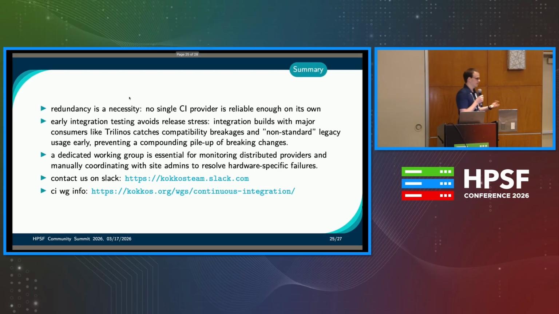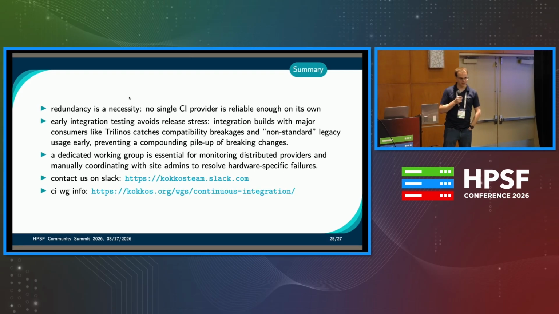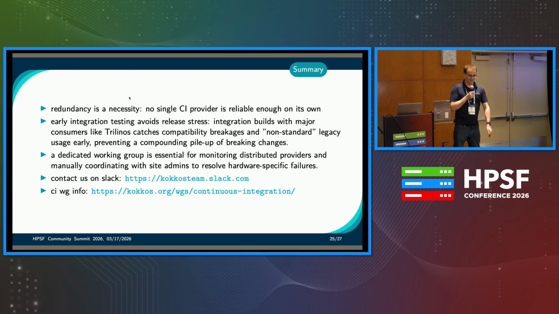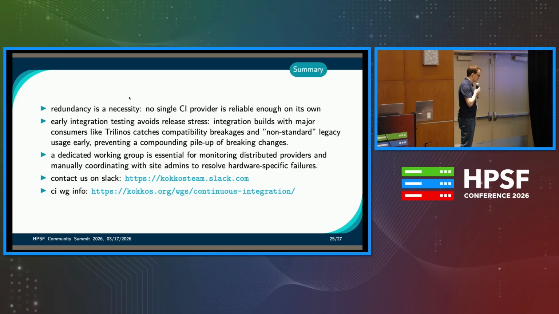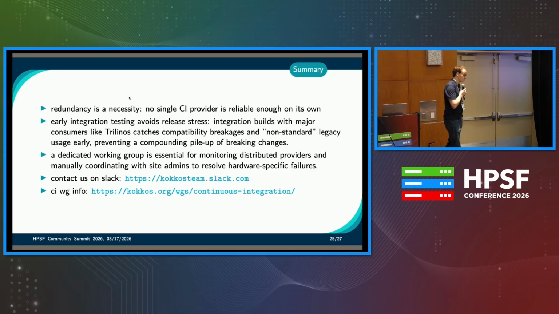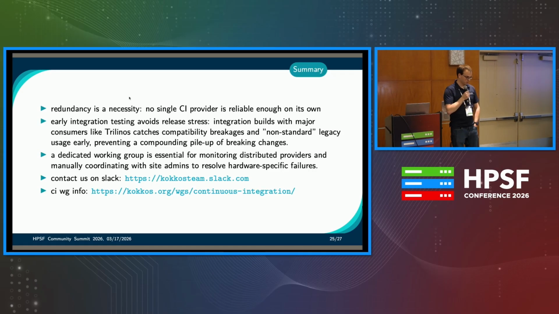Finally, as a summary, we have seen that the redundancy is very important. When Sandia CI was failing, it was kind of hidden from us that it was the only provider enabling a specific option, and surely enough, we broke that, and we see all other CI providers are somewhat unreliable.